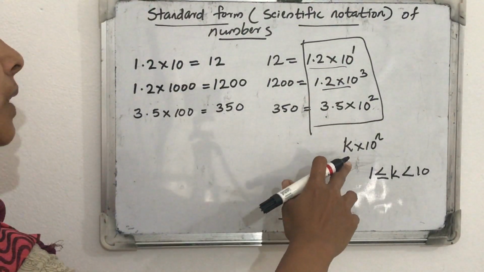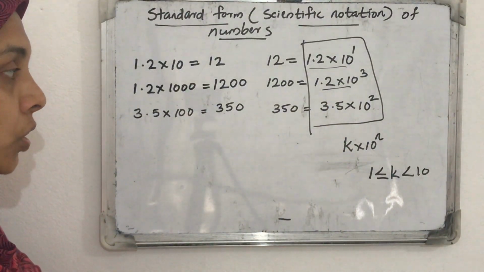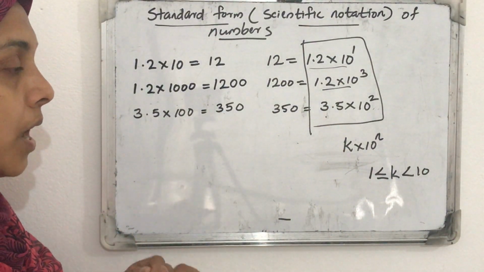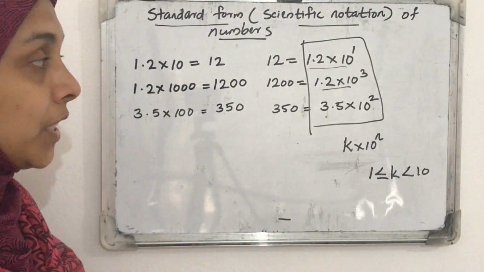So this form of writing is called standard form. Using this general form, we can write any number in scientific notation or standard form.